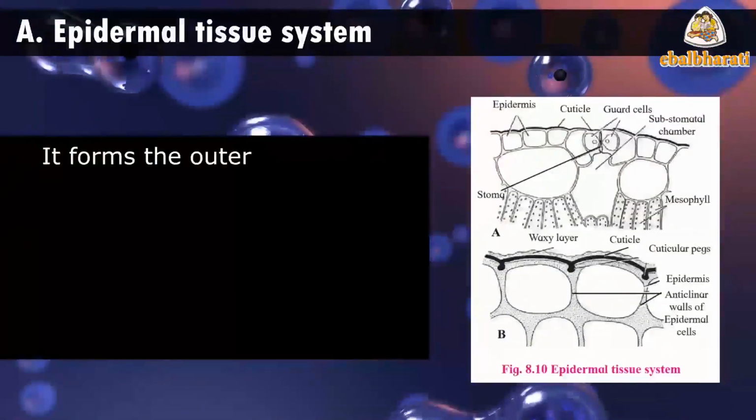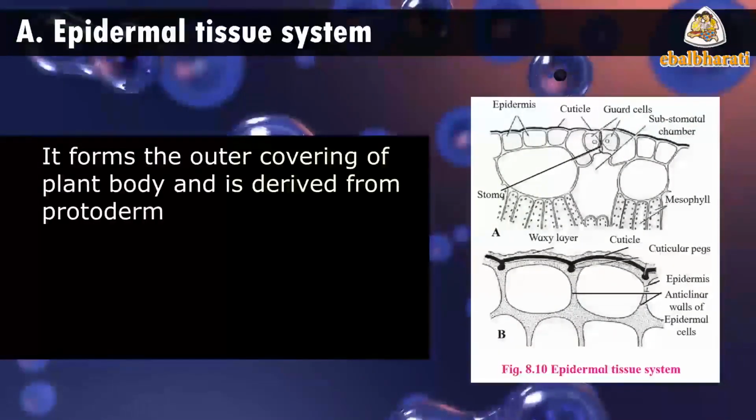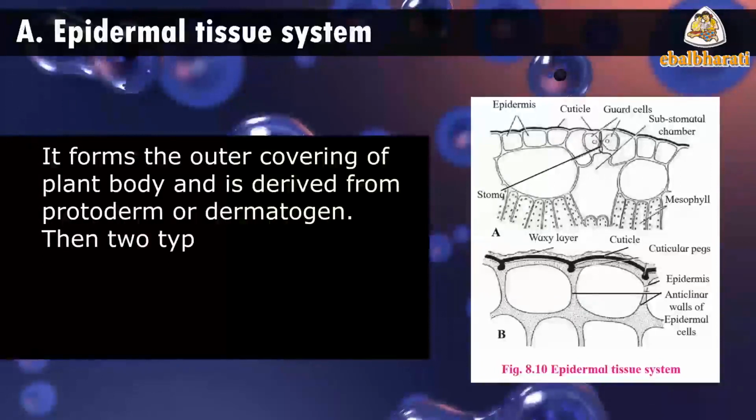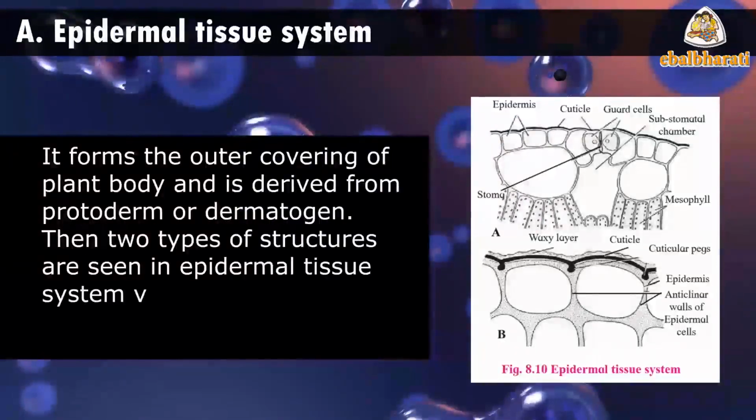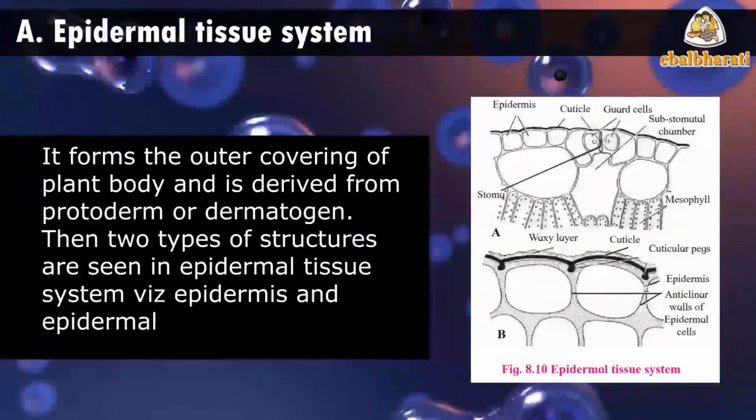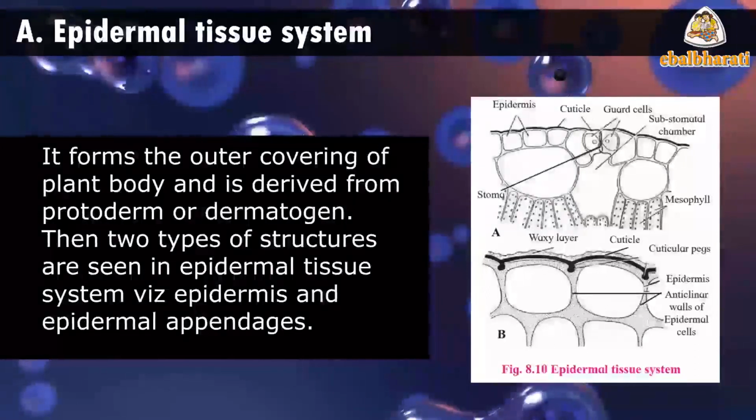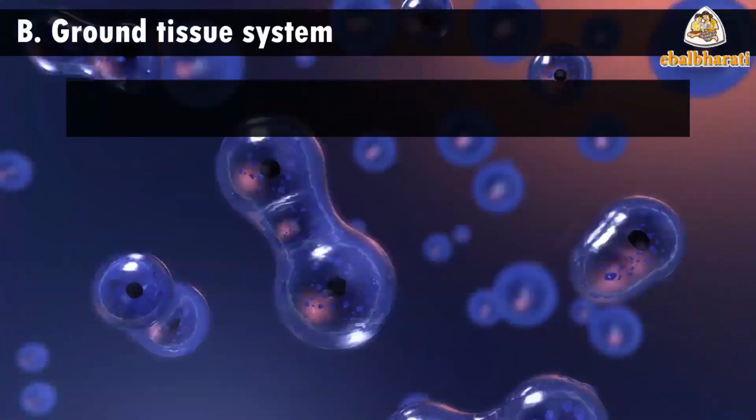Epidermal tissue system. It forms the outer covering of plant body and is derived from protoderm or dermatogen. Then, two types of structures are seen in epidermal tissues, which are epidermis and epidermal appendages. Ground tissue system.